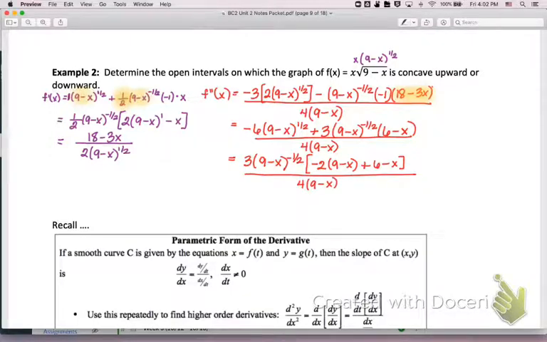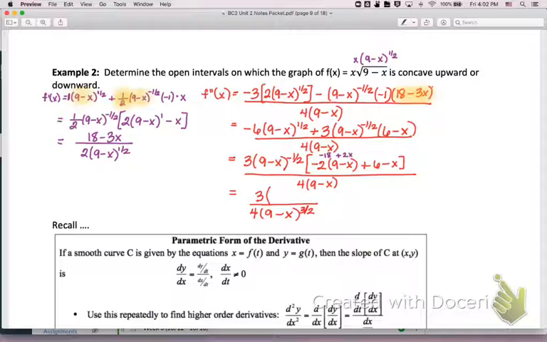Let's rearrange what we can now. And so we have on the top, the 3 is going to stay put. The 9 minus x to the negative 1/2 is going to move to the bottom, and then I can multiply it by 9 minus x to the first. So when I add those, oops, the 4 is still there. When I add those powers together, I get 3/2 times, I'm going to do a little scratch work here, negative 18 plus 2x.